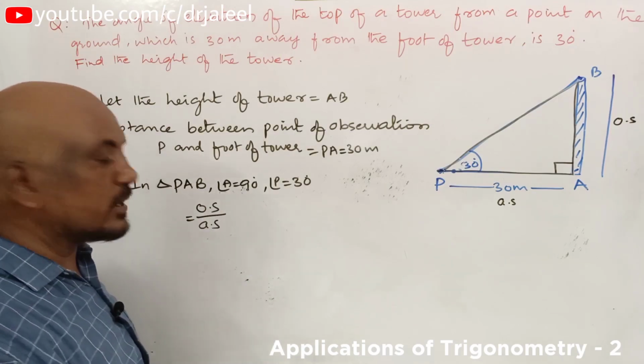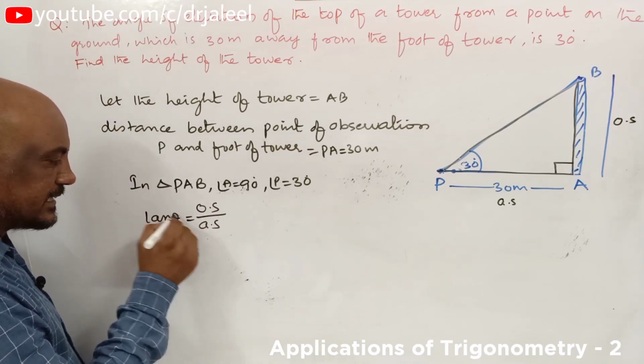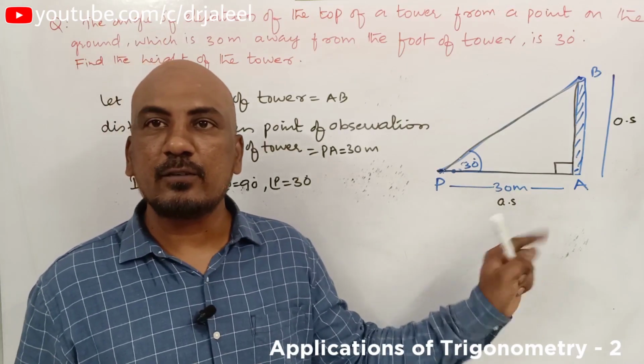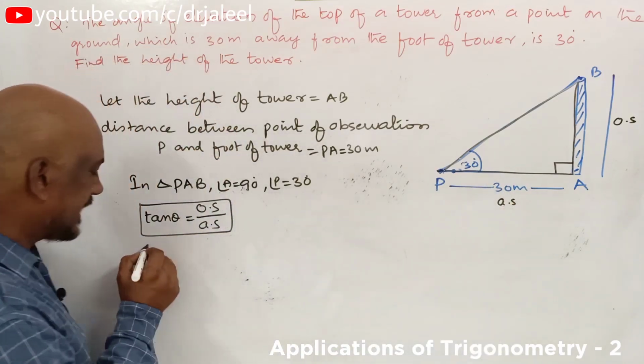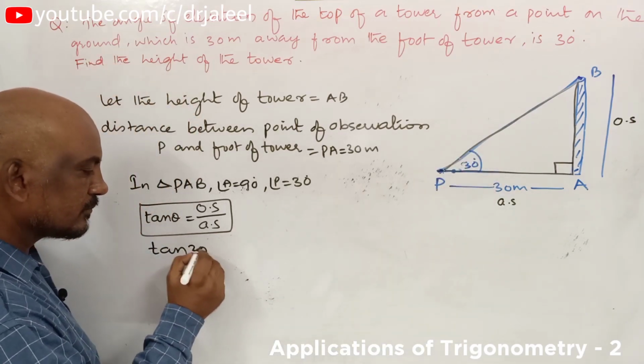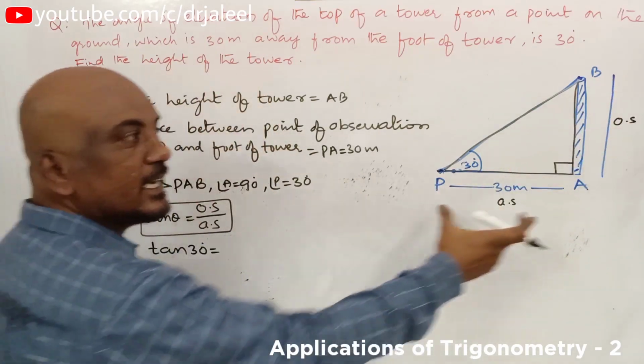So children, now tell me, what is opposite side by adjacent side? It is nothing but tan theta. So now we will substitute the value of theta and the sides. Theta, what is theta here? Tan 30 is equal to the opposite side AB, adjacent side PA.